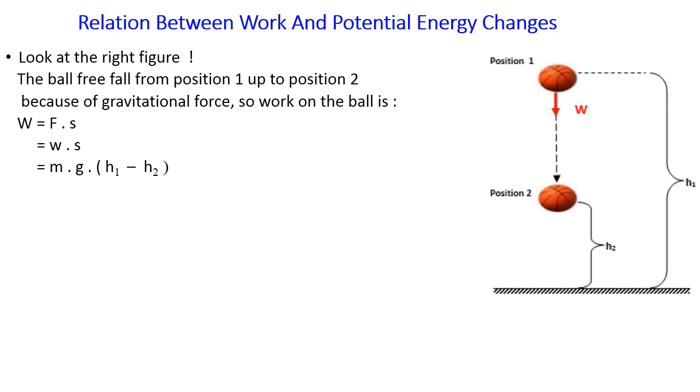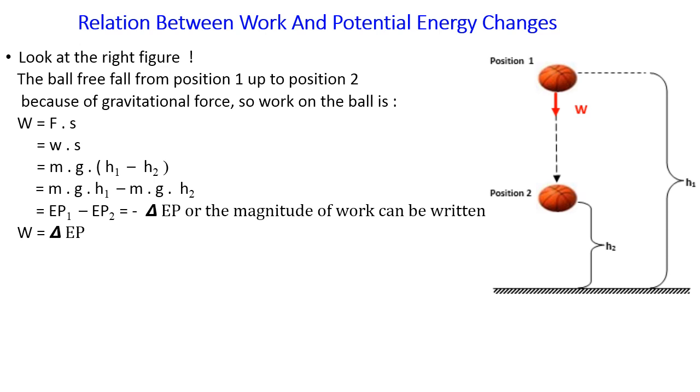So work equals mass times acceleration of gravity times h1 minus mass times acceleration of gravity times h2, equals potential energy 1 minus potential energy 2. So work equals minus delta potential energy, or the magnitude of work can be written as delta potential energy.